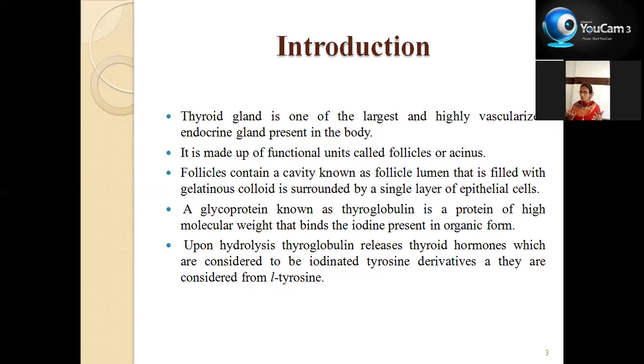Upon hydrolysis, this thyroglobulin will release the thyroid hormones. When the thyroglobulin undergoes hydrolysis, in the presence of water, it releases the thyroid hormones, which are considered iodinated tyrosine derivatives. They are derived from L-tyrosine.